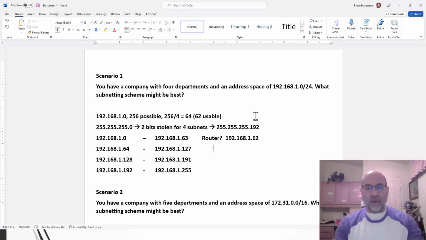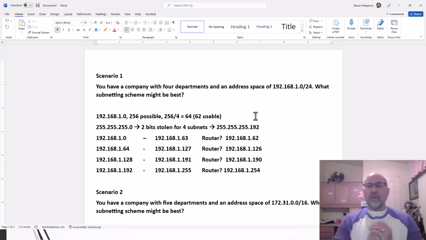Here, high in the range will be 126. The router here would be 192.168.1.190. And the router here would be 192.168.1.254. So these are what we've come to know about a really basic subnetting problem.